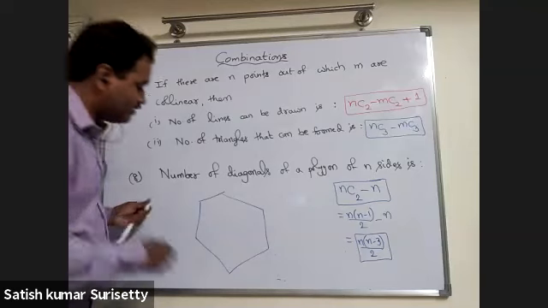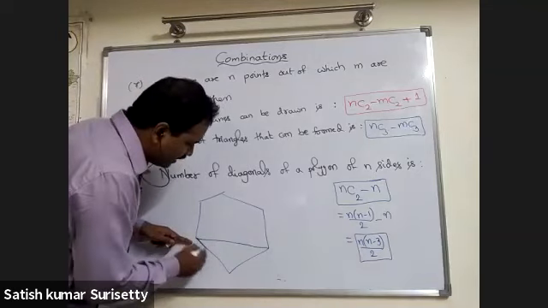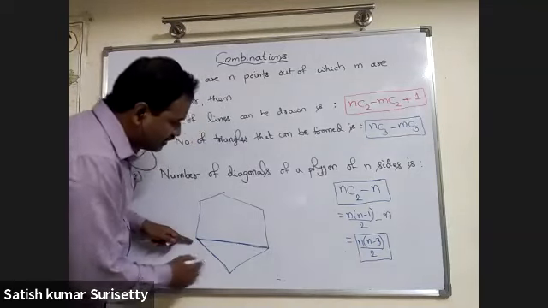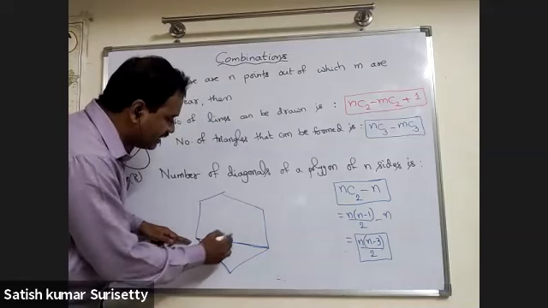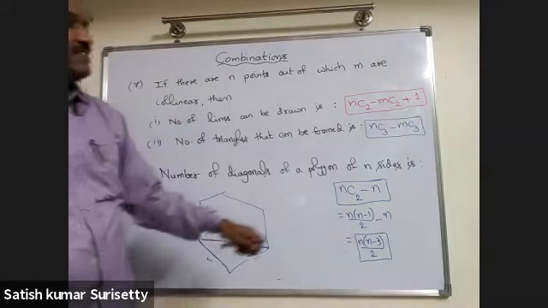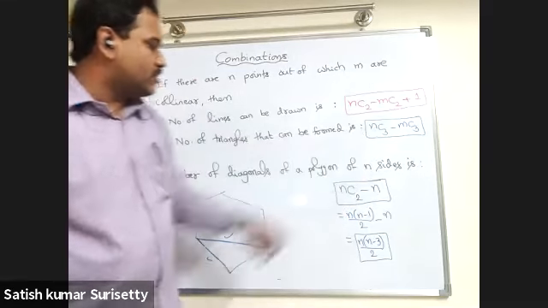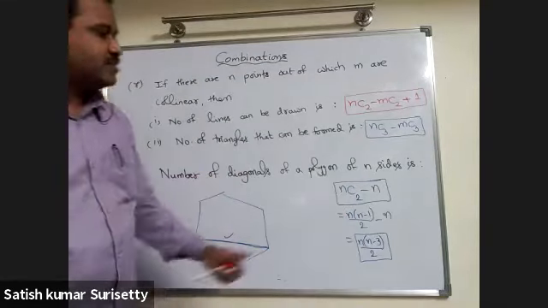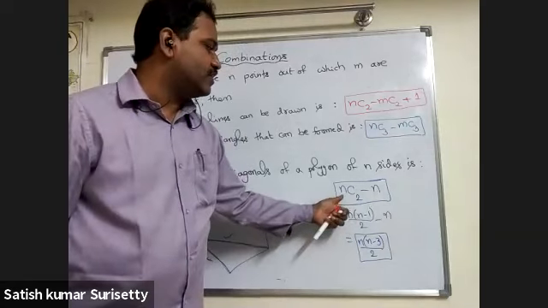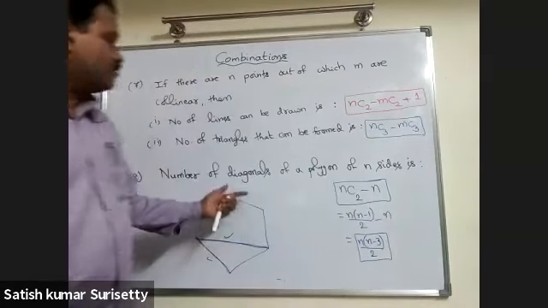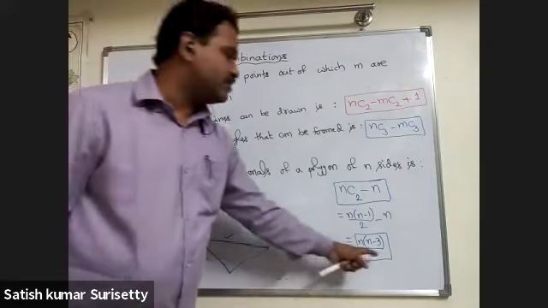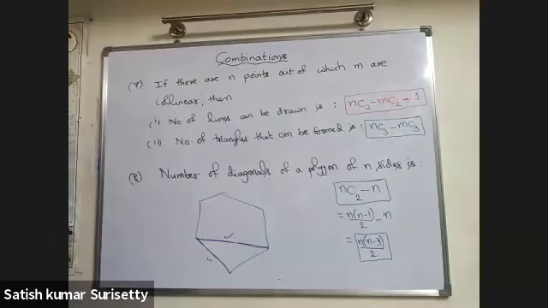This is one line segment, this is also one line segment; this is one side and this is a diagonal. So the number of line segments is nC2. In that, it is involving sides also. So to get the number of diagonals, I should subtract the number of sides from nC2. That is nC2 minus n, which is the same as n(n minus 3) by 2.